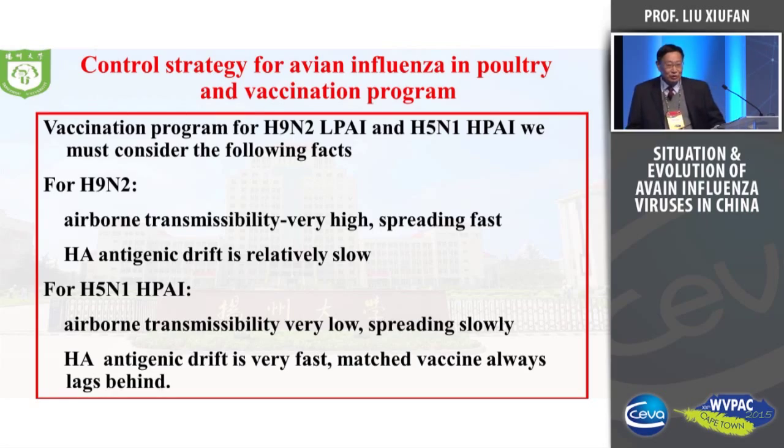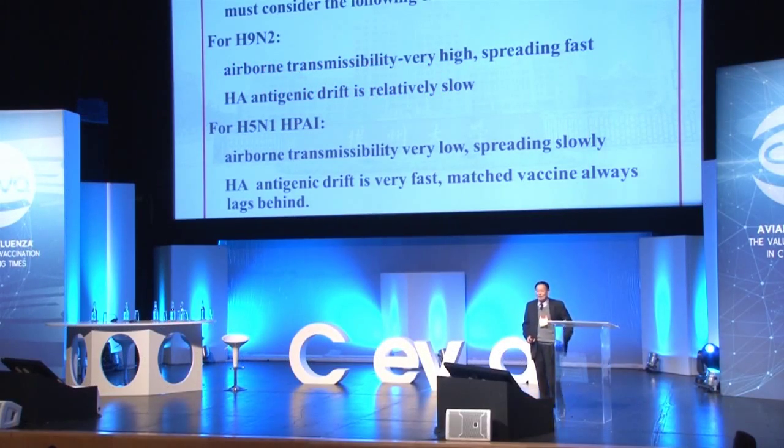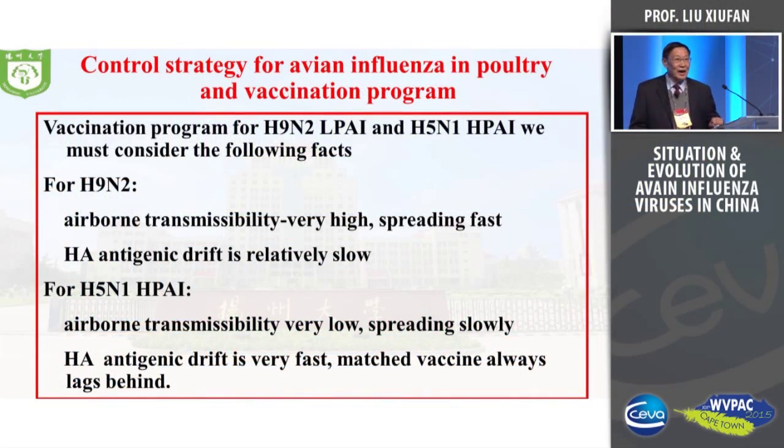Talking about the control strategy for avian influenza in poultry and a vaccination program, we should consider the following facts. For H9N2, the airborne transmissibility is very high, spreading fast, and HA antigenic drift for this virus is relatively slow.